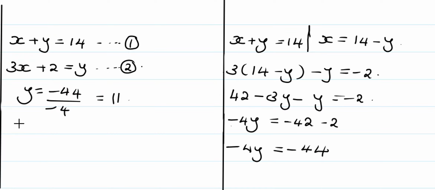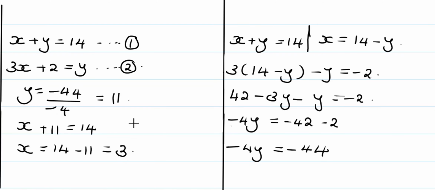So to get x, I need to just say x plus y, which is 11, is equals to 14 from the first equation. So to get x itself, it will be 14 minus 11, which is 3. And that becomes the answer for this question. X is 3 and y is equals to 11.